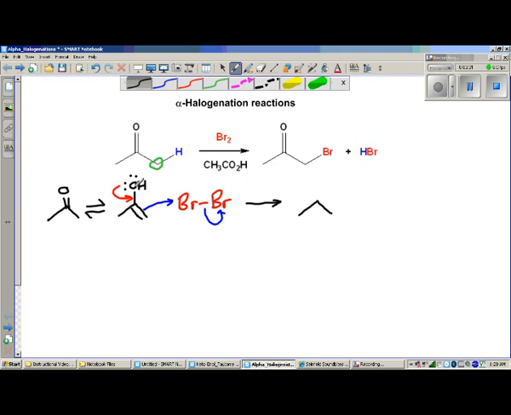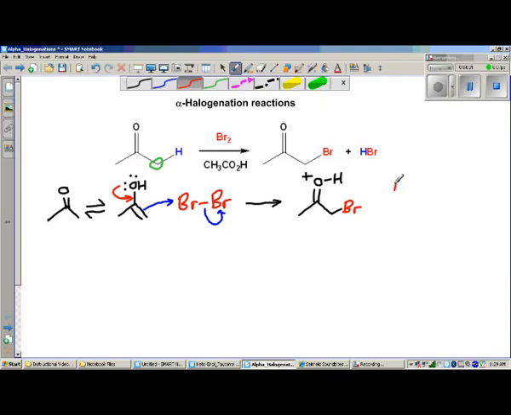But if we draw out what happens to the carbon-oxygen bond, we can convince ourselves that can't be the case, because we've reformed that carbonyl group there, and we've actually given the oxygen a plus charge. So the bromine can't go on this carbon, it must go on the alpha carbon. Hence, hopefully you can understand the term alpha halogenation, because you've halogenated at the alpha carbon.